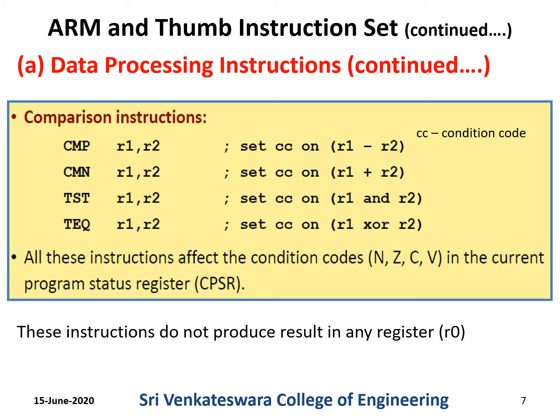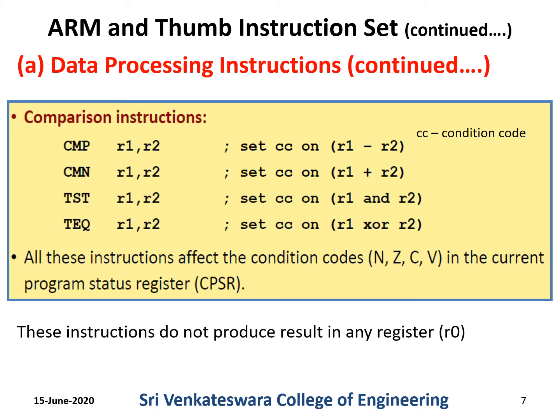Next, about test equal, TEQ. This instruction checks the equality of the 2 operands. For that it performs an XOR operation. So a bitwise XOR operation between R1 and R2 is done.